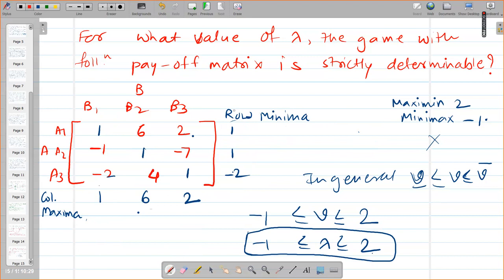What will be the maximin? 1. Right? The second row minimum is -7. So only 1 is there, right? Right, girls? This is your maximin. Yes, ma'am. And here this is your minimax. So now do they come out equal?